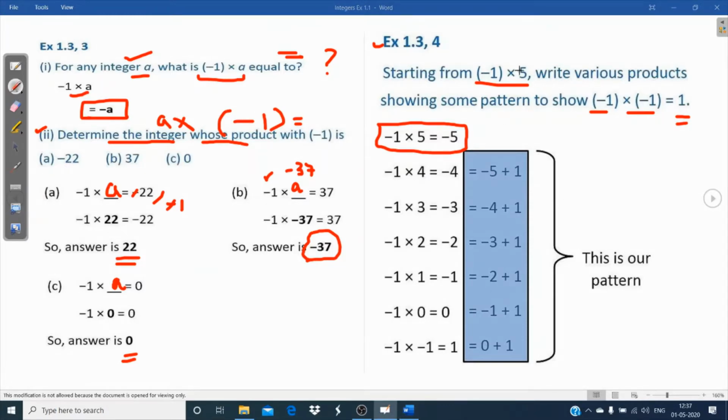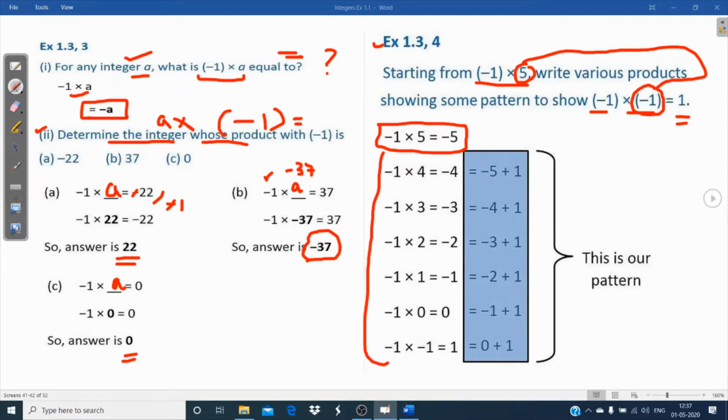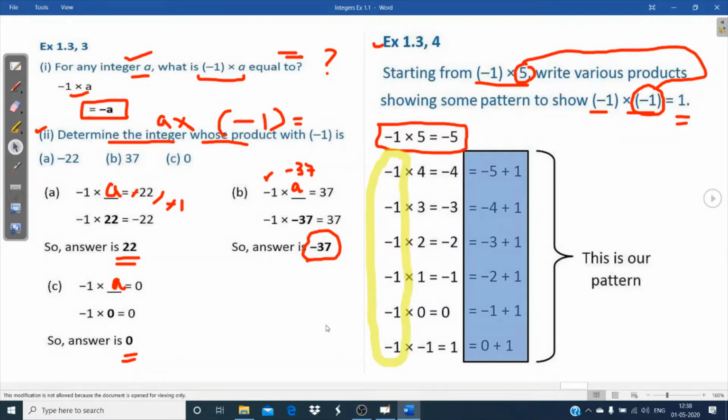Again, here we have to multiply minus 1 into 5 till we reach minus 1. Instead of this 5, we have to keep on decreasing the integer till minus 1. So you can see here, student, minus 1 into 5 equals minus 5. Then we are decreasing this thing. This minus 1 is fixed. I fixed this minus 1 here.